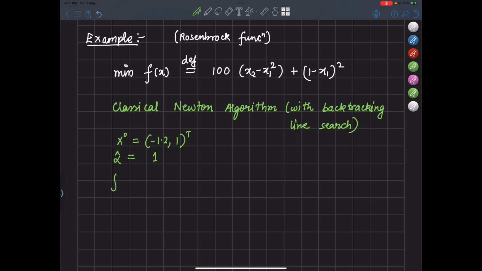For the backtracking algorithm, we take rho to be 0.3 and C1 to be 1 times 10 to the power minus 4. Then this converges in 20 steps.